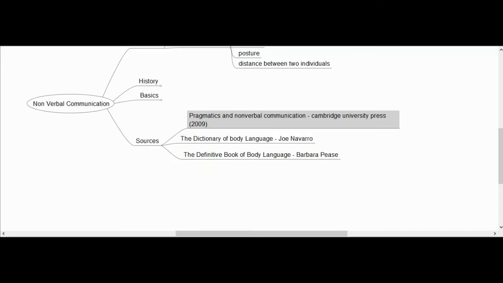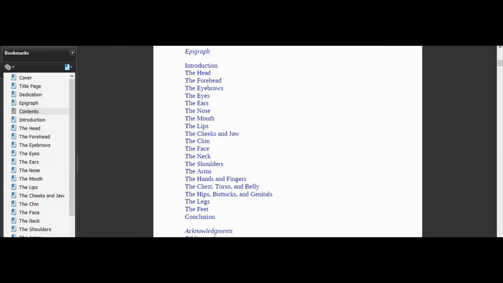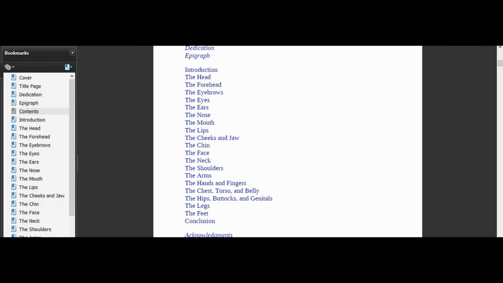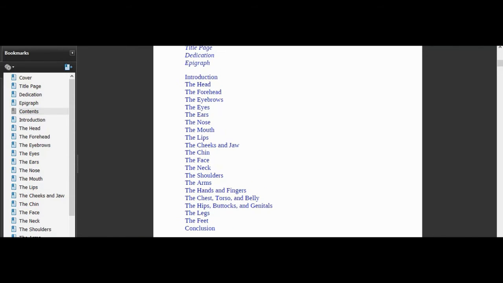The next one is the Dictionary of Body Language. This book contains every little bit of information about body language. It's basically what the title says, a dictionary of body language. But the con is that you're not going to know what the rules are. You connect these from your own observations.